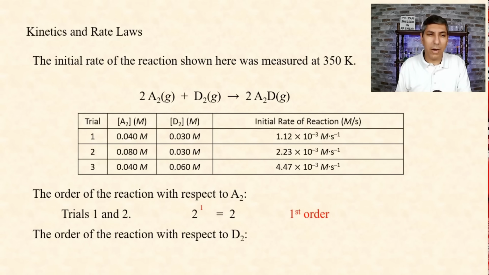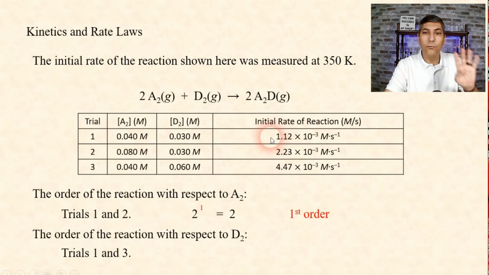We have to find 2 trials where D2 is the only substance changing concentration. I would recommend trials 1 and 3, because it looks like A2 stays constant from trial 1 to 3, but D2 is doubling. So D2 is doubling from trial 1 to trial 3, but the rate seems to be going up by a factor of 4.